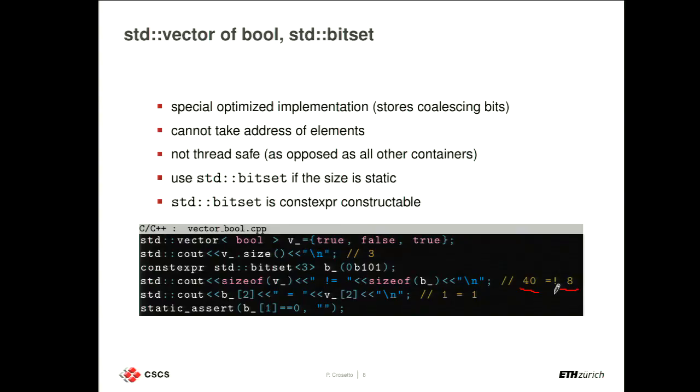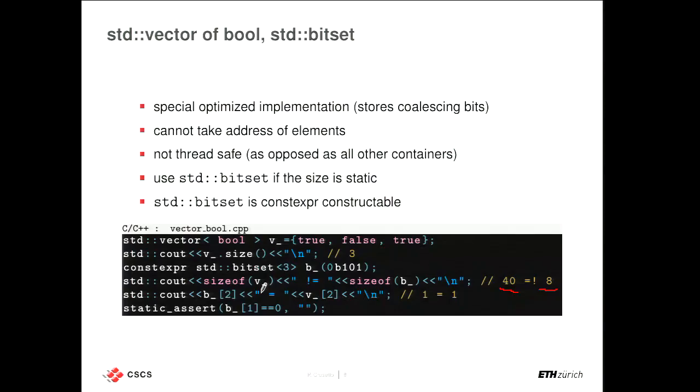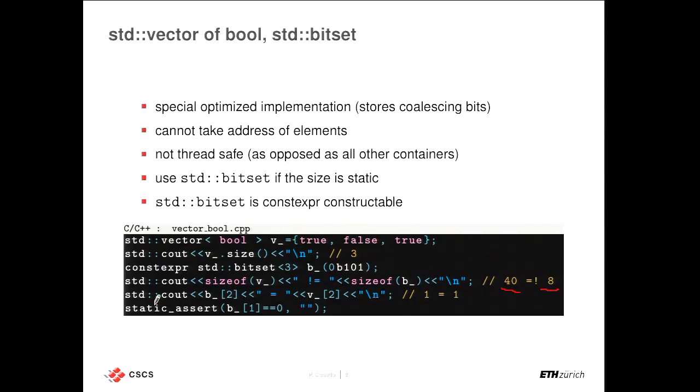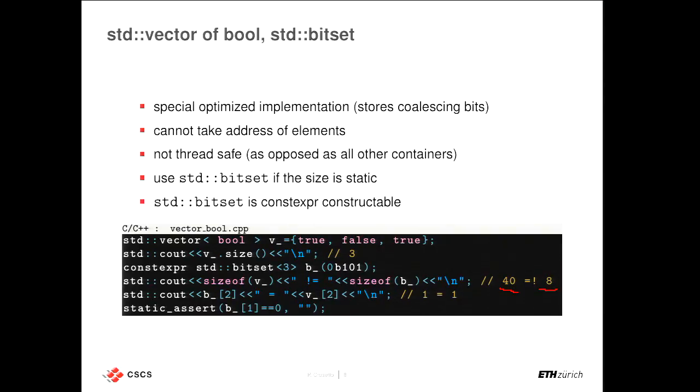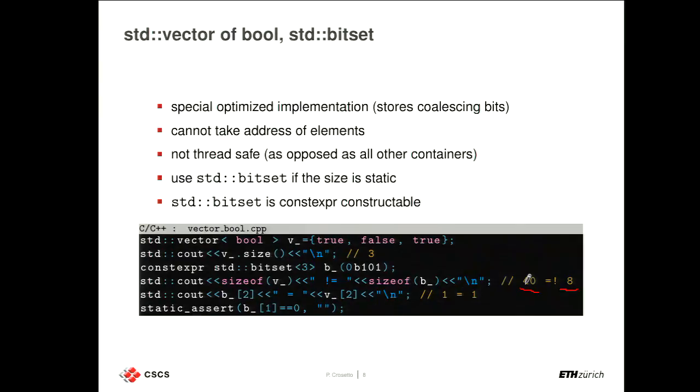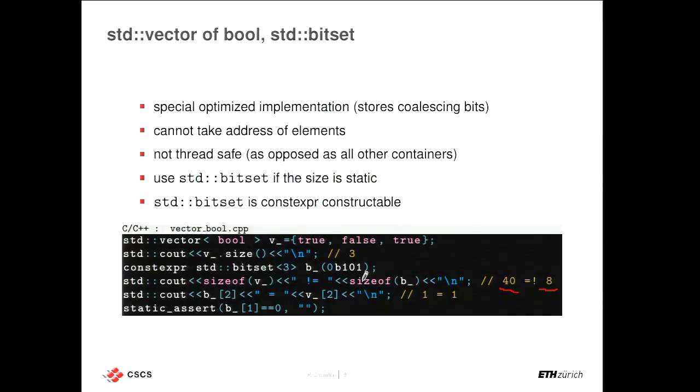That's because the vector of bool doesn't contain the real storage, the real things getting stored. It contains a pointer, and the real data is allocated on the heap, while the bitset has a size of 1 int, so 8 bytes, and it has the first bit set to 1 and the rest set to 0.